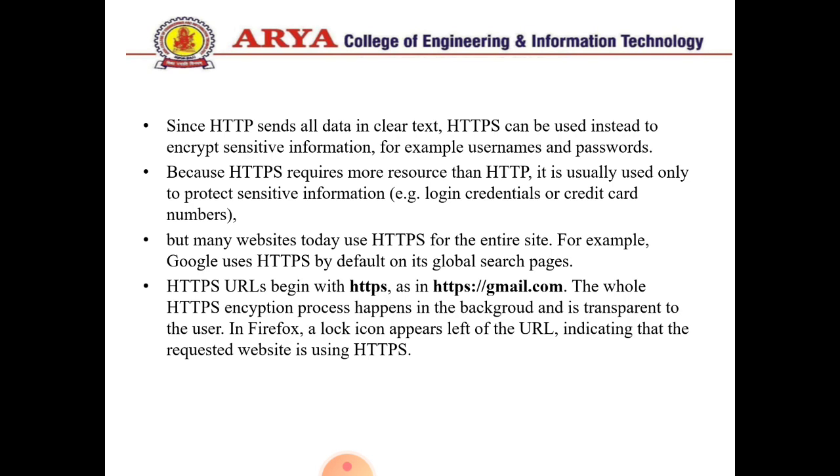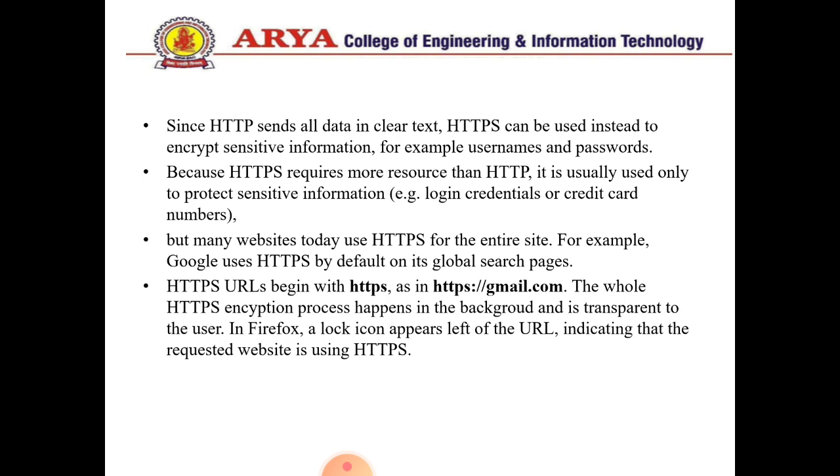But today many websites use the secure version of HTTP for the entire site. For example, Google uses the secure version of HTTP by default on its Google search pages.